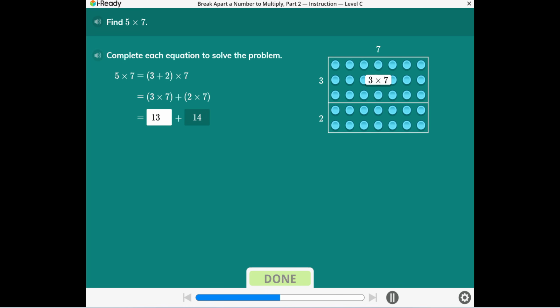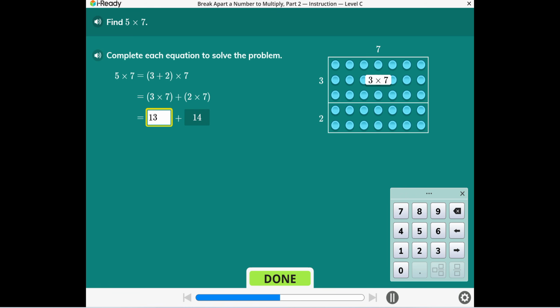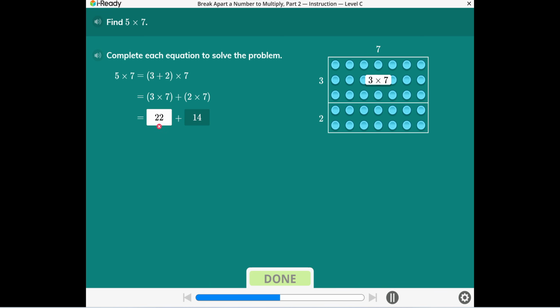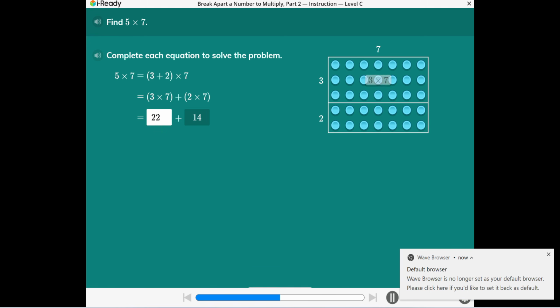What is 3 times 7? Three times 7 equals 21, and 2 times 7 equals 14.